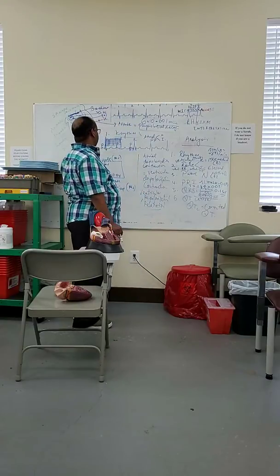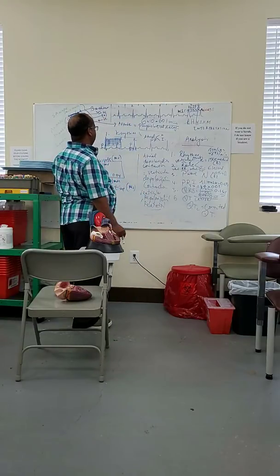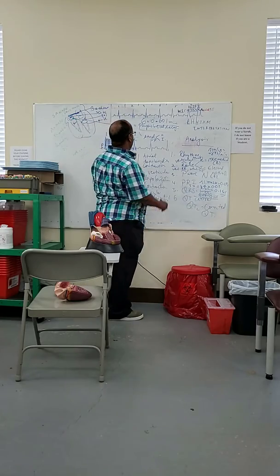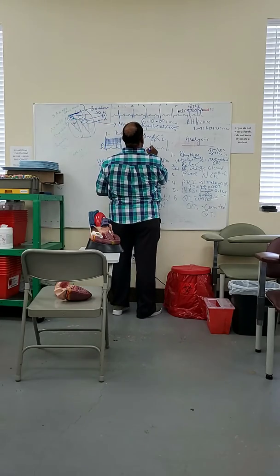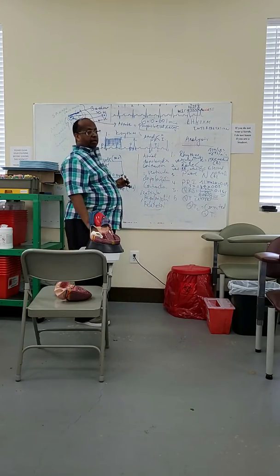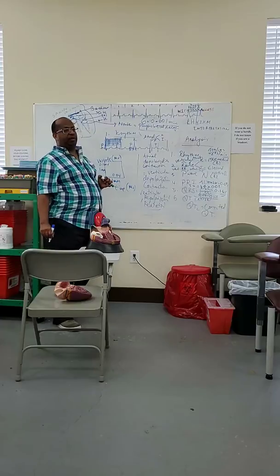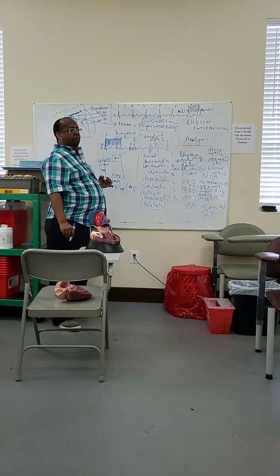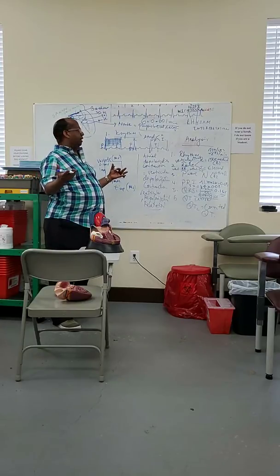Then the next will be the QT interval. QT is usually the largest interval. You count from the beginning of Q to the end of T. QT is very important. Why? Because there is what we call prolonged QT syndrome.